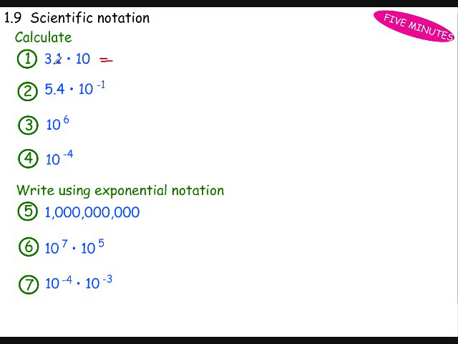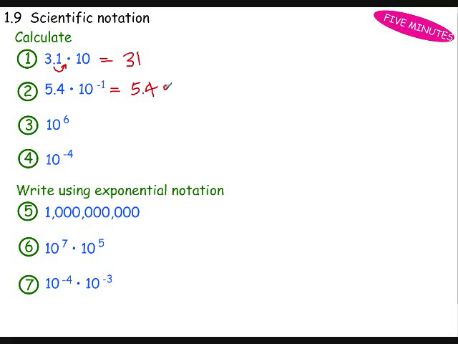If we multiply 3.1 times 10, we are going to get a larger number. So we know that this decimal point has got to move this way to give us 31. 5.4 times 10 to the negative 1, we've just been looking at that very thing in an earlier lesson.